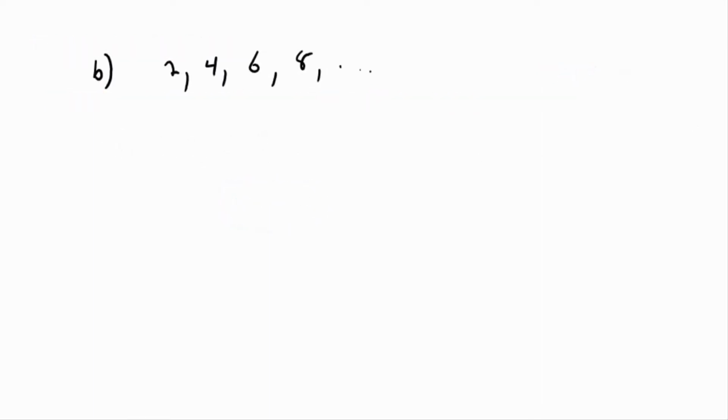Part B: 2, 4, 6, 8. Who do we appreciate? So what kind of numbers are those? Even. And how do we generate them? What would the nth term formula, a sub n, be? 2n. 2 times the input, right?